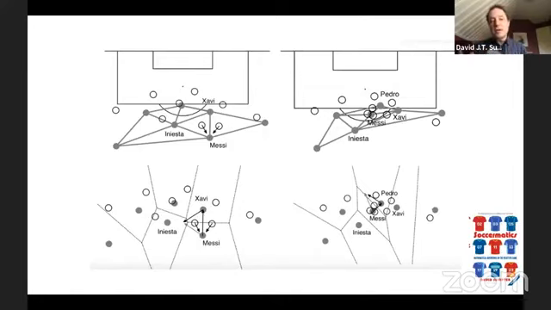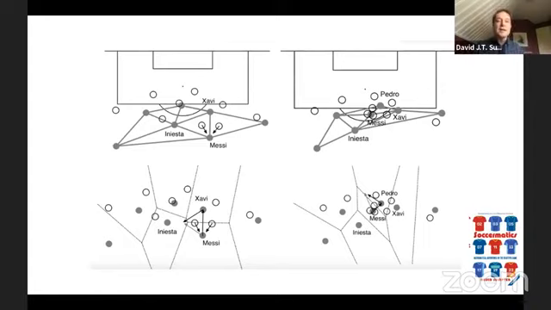It's not just about who's going to get to the ball first. I'm going to go into the details of exactly what pitch control is later, but that's why this type of approach of maximizing space is interesting, because it also starts to maximize your passing alternatives without you necessarily saying explicitly you're trying to maximize passing alternatives.